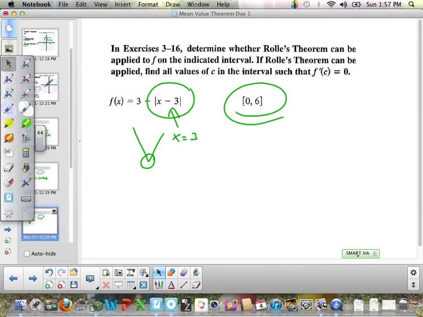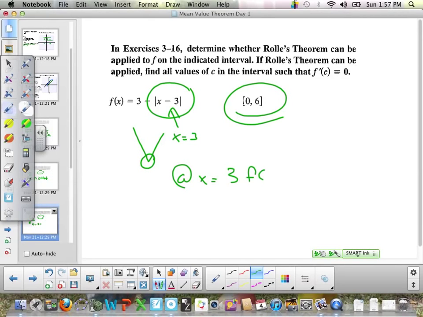At x equals 3, f of x is not differentiable. So Rolle's theorem does not apply.